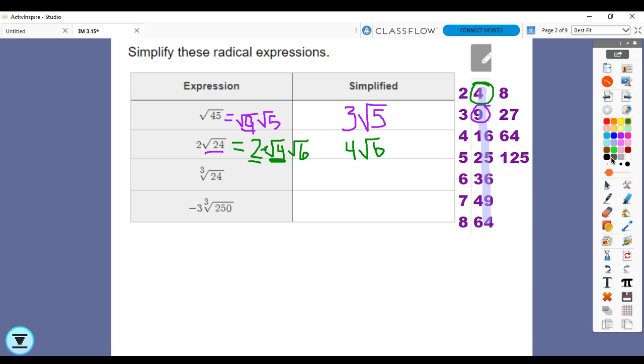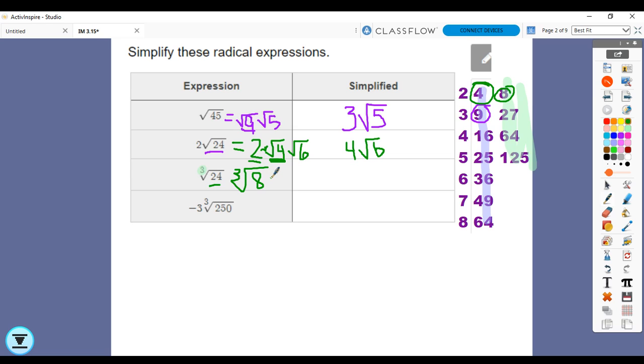All right, so the only thing that changes here is because it's a cube root, you can only use cubes. So I want to find which perfect cube goes into 24, which will be 8. And you have to write the cube root each time.